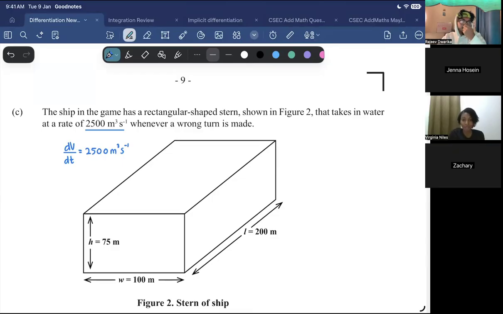What's a stern? It's the stern of a ship. Generally speaking, if you take a wrong turn, it might dip and water might flow in. Not like splash. Let me see if I can show you guys.